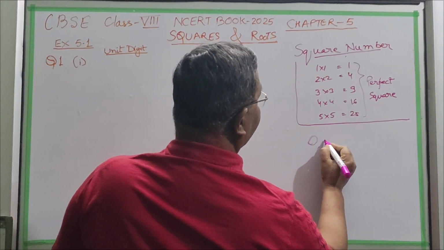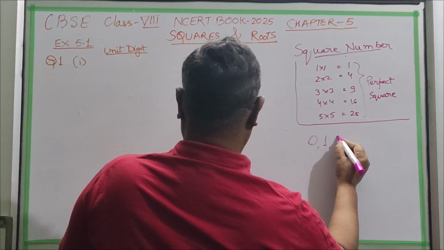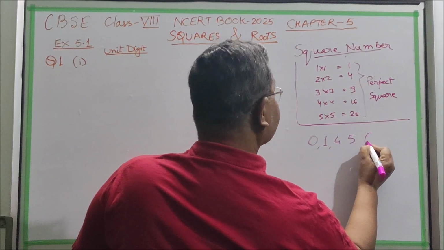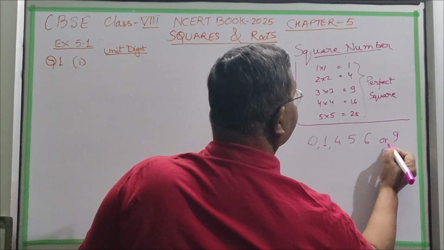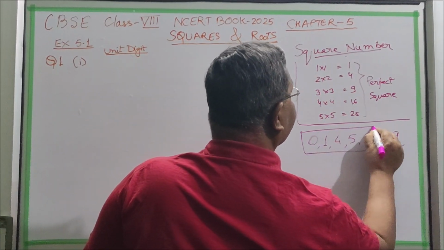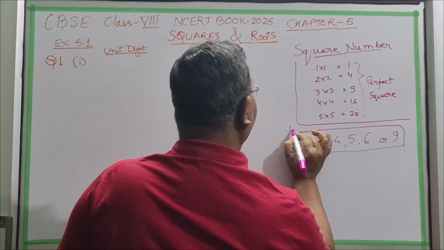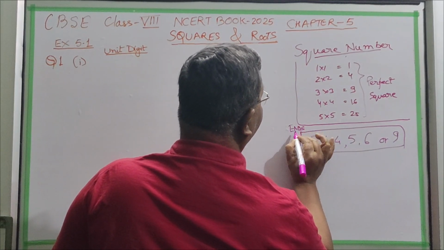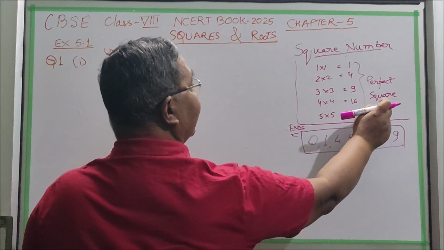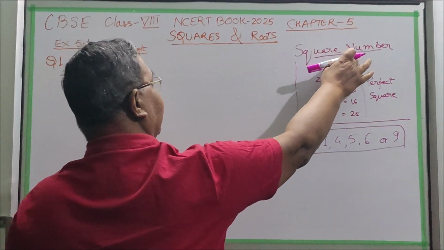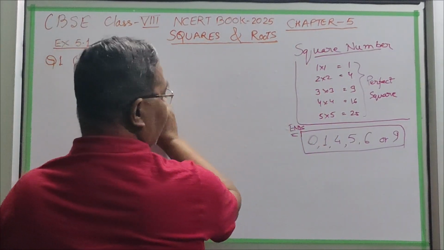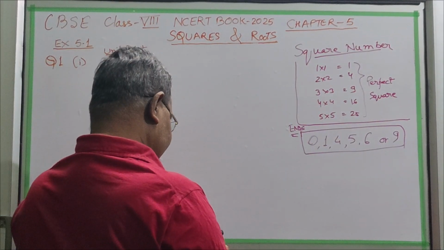Any number which ends with 0, 1, 4, 5, 6 or 9 could be a perfect square or a square number. So keeping this in mind, we will now be solving our exercise.